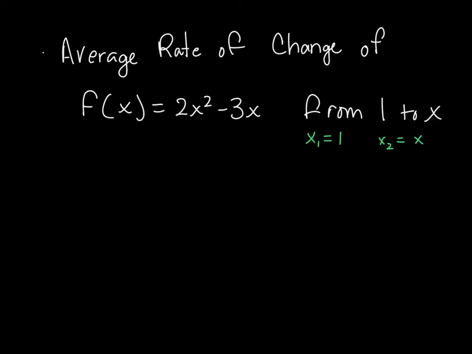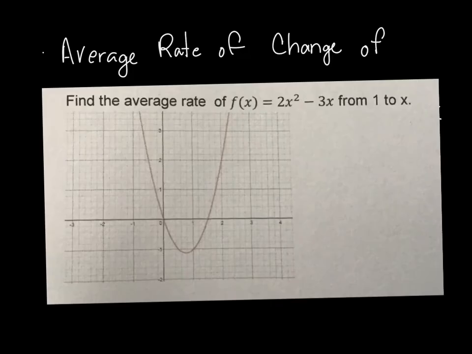So what does this actually mean? So what this means is we are starting from 1, which our point there is f of 1 is negative 1. And I want to know at any value x what that rate of change is.